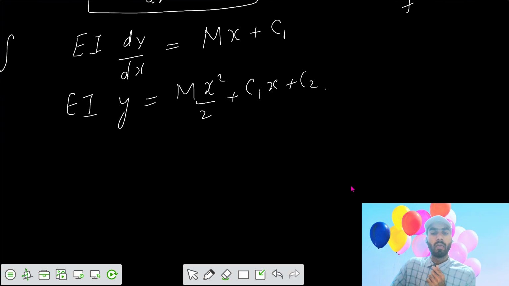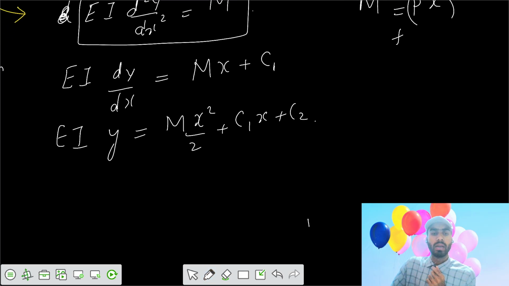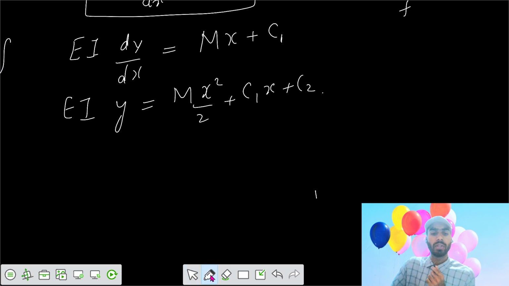So when we integrate the equation d2y by dx2 twice, we get the equation for the deflection at any x. If this is your y and this is your x, the deflection at any x is given by EIy equals Mx squared by 2 plus C1x plus C2.